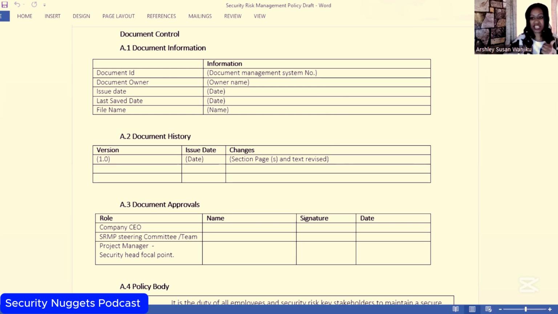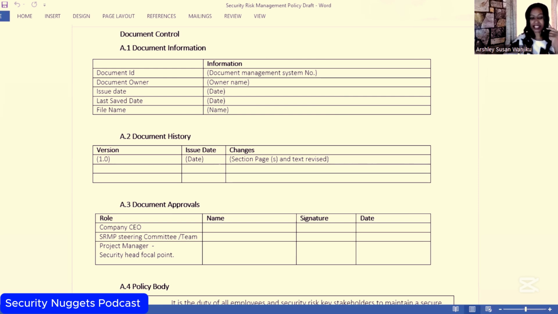Remember in our last discussion, in our previous video, where we were highlighting the security risk management framework, the number one thing that we do in the framework under the direction is outline the objectives and goals of the program.